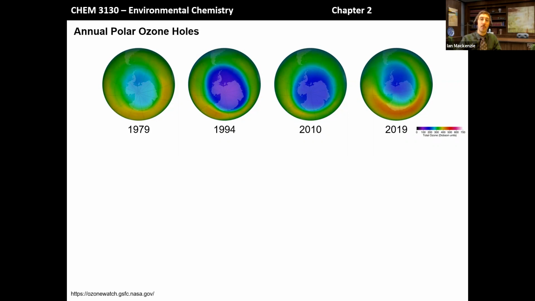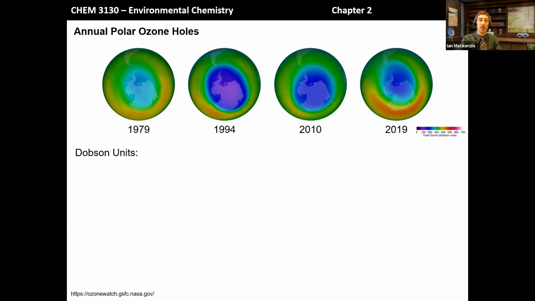And then that seems to have decreased a little bit by the time we get to 2019, that's last year, but certainly not quite as small as we were back in 1979. So this is just a graphical representation of the concentration of ozone over that region, and it's listed in a unit known as the Dobson unit.